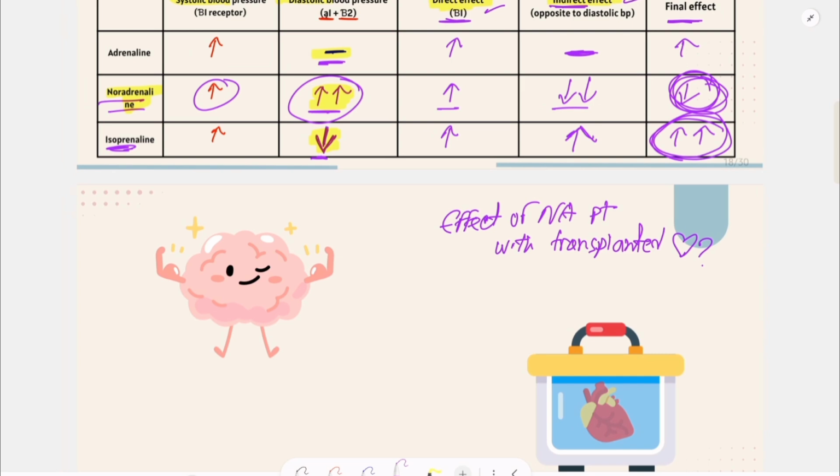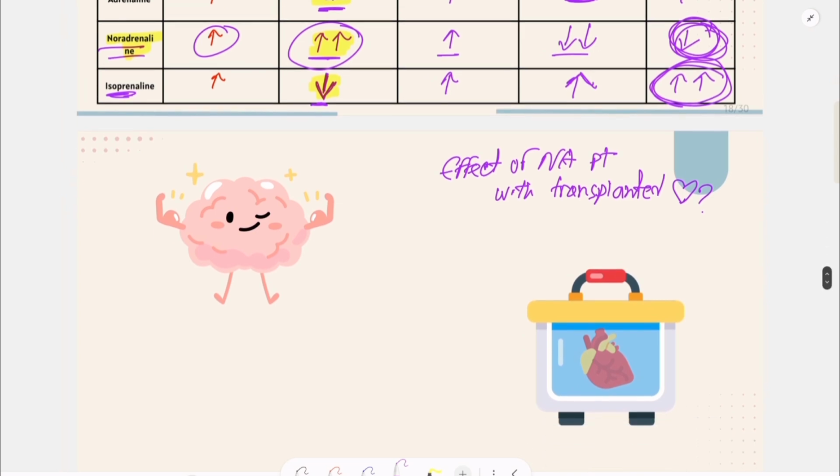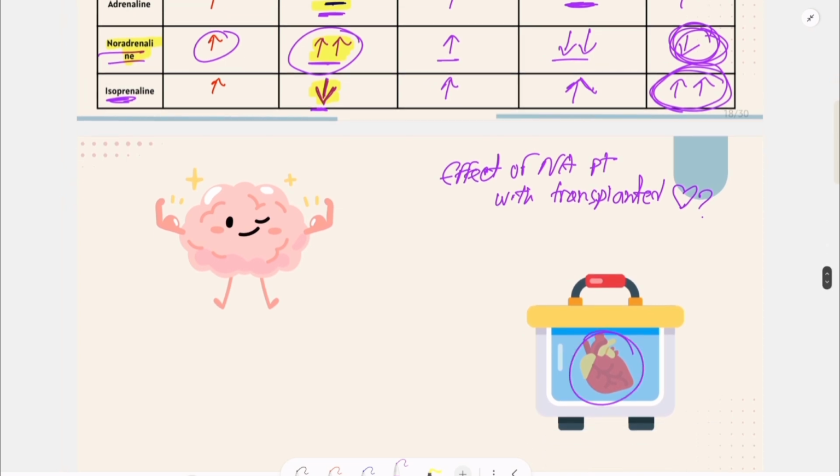However, the main difference is that in a transplanted heart, we are taking the heart from one person's body and putting it in another person's body. So, when we are putting the heart in another person's body, we will not be able to make small neural connections. This means that in a transplanted heart, there will be no sympathetic or parasympathetic supply. So, in a transplanted heart, indirect effects do not manifest.